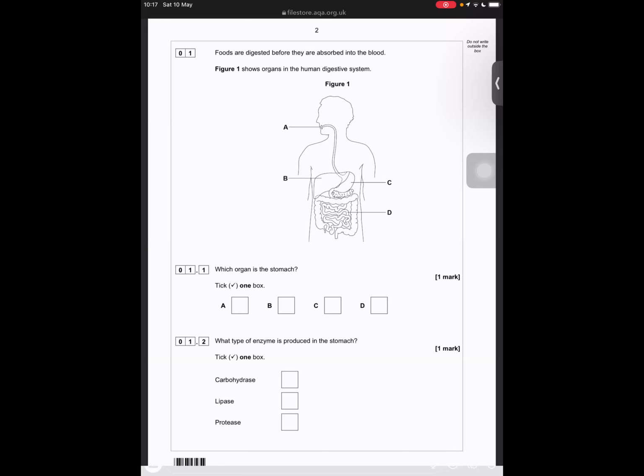I mean, protease seems like it's adapted to protein, while lipase seems to be adapted to fats and fatty food. Then carbohydrase should be for carbohydrate. Okay. All right. Let's move on.